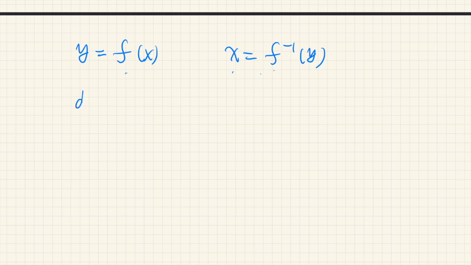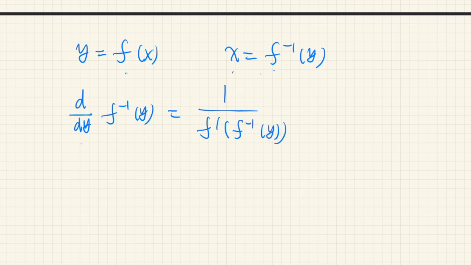Now, what is the derivative of f inverse of y with respect to y? And this is actually given by this, 1 over f prime of f inverse of y.